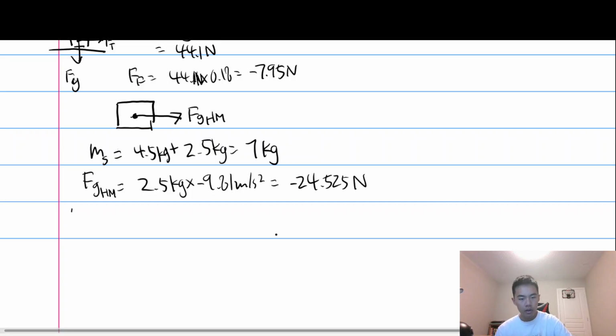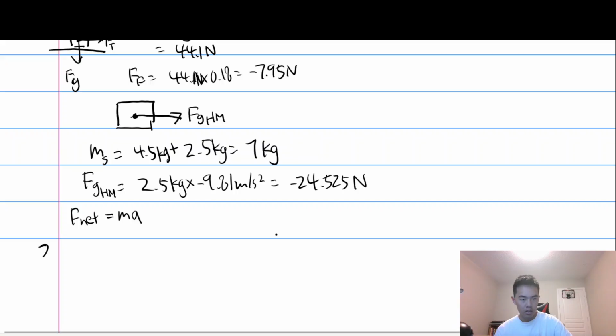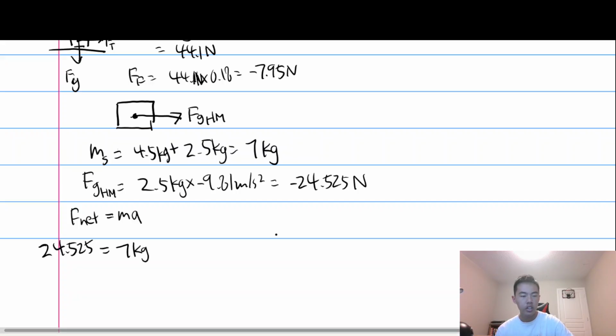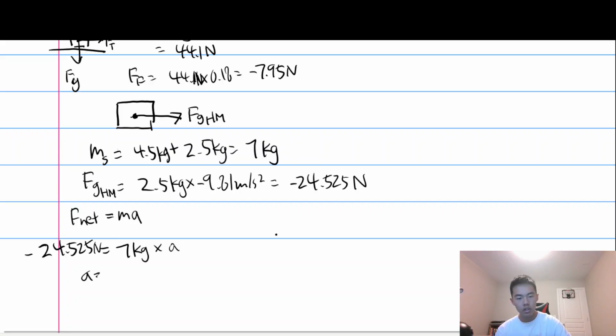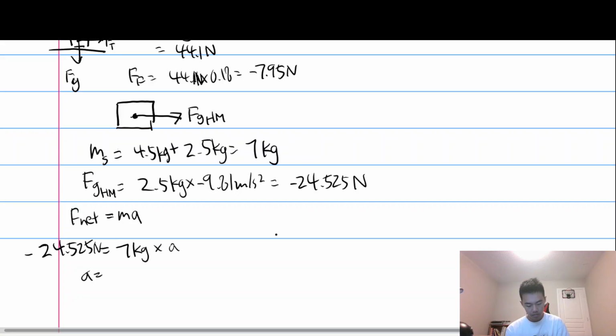And if we want to find the acceleration, we just use this handy formula. I'm actually going to omit the minus here. Actually, no, we shouldn't. It makes sense here. Newtons times acceleration. So acceleration is equal to negative 3.5 meters per second.